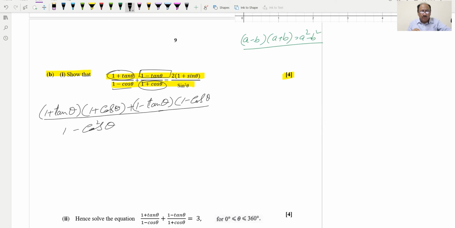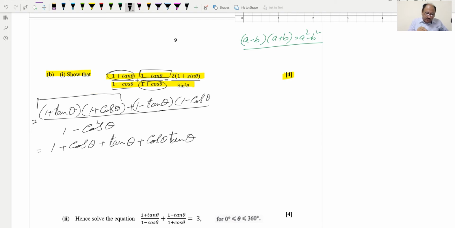Now we can open the brackets, and if we open the brackets we will get 1 plus cos theta plus tan theta and plus cos theta tan theta. This is what we get when we multiply these two terms.